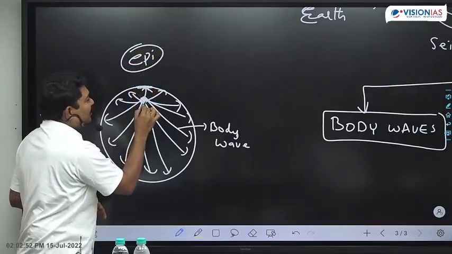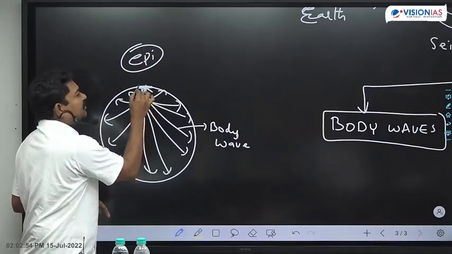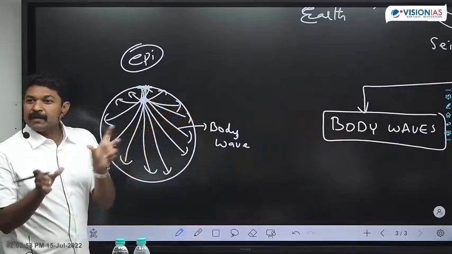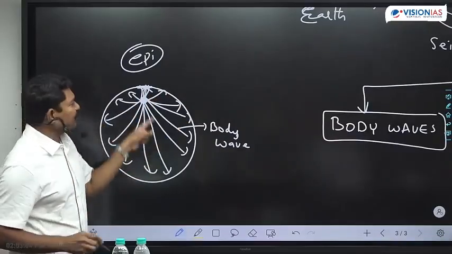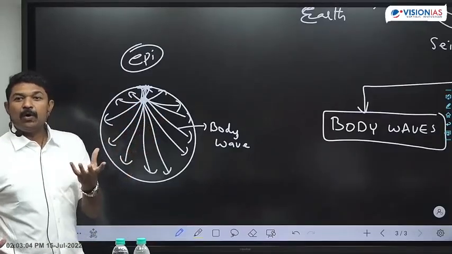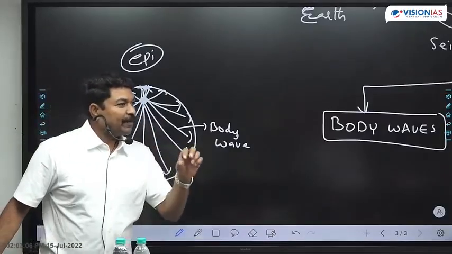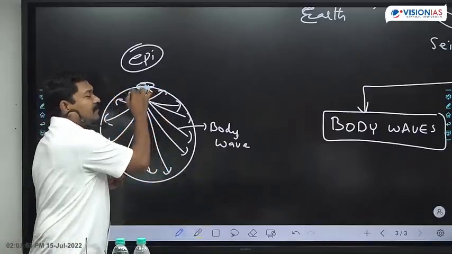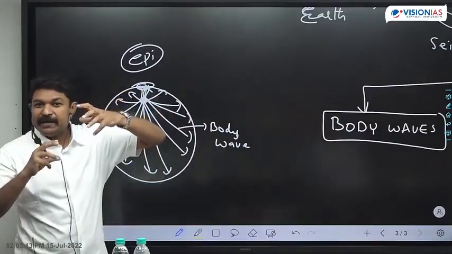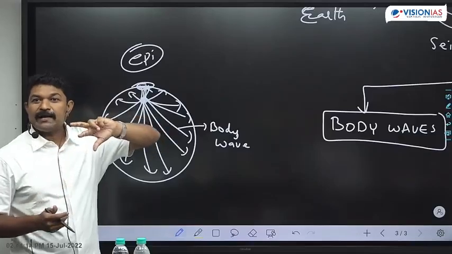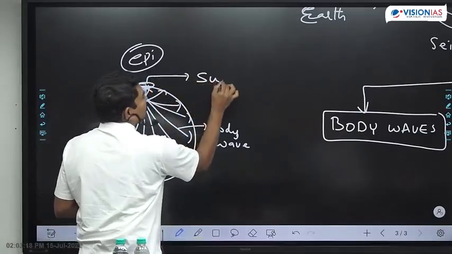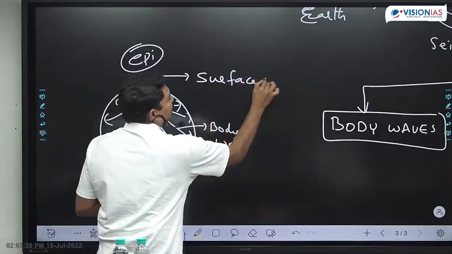In this area, the body waves come very fast onto the surface, because of the less distance. And therefore, these high energy waves interact with the low density rocks. What type of rocks are there along the surface? Very low density rocks. These high intensity energy waves interact with the low density rocks and get modified into the waves called surface waves.